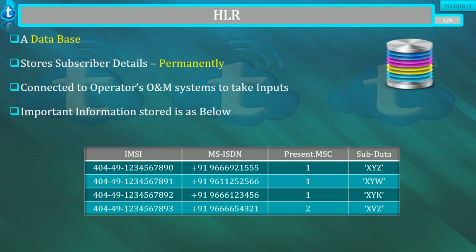Now, out of these four important pieces of information that are present for every user, there could be n number of users. As you can see here, there are at least four users here.